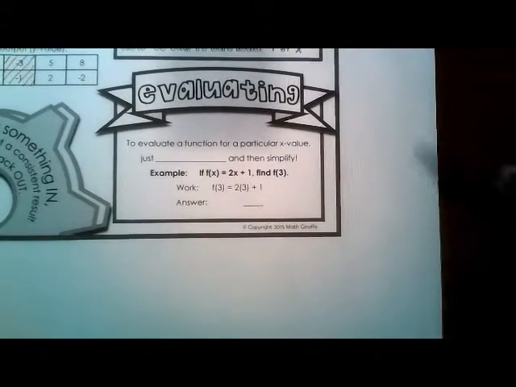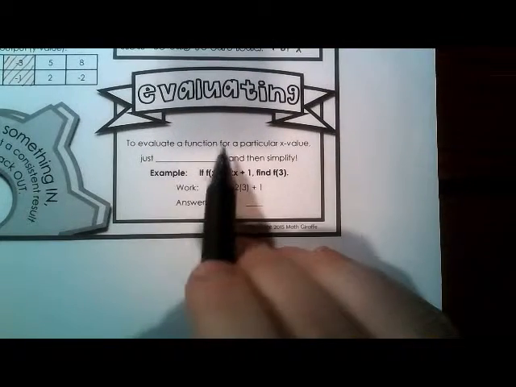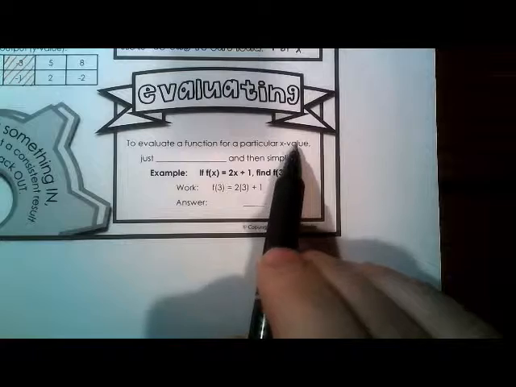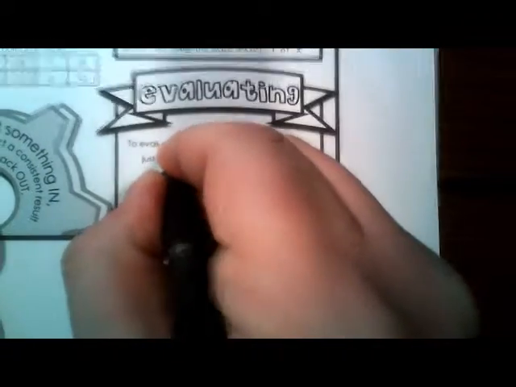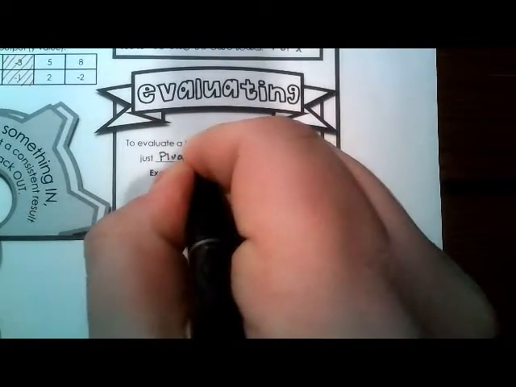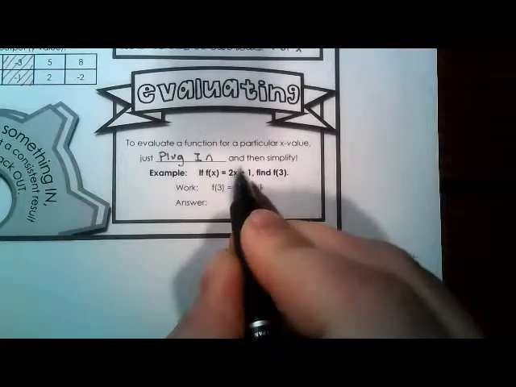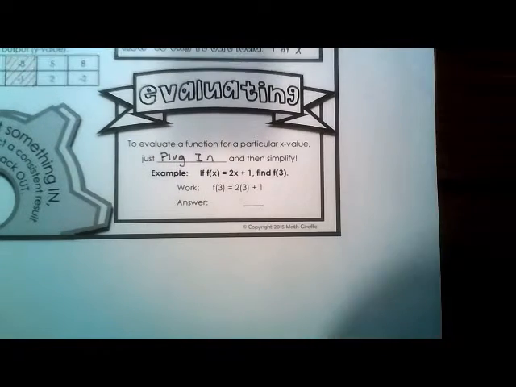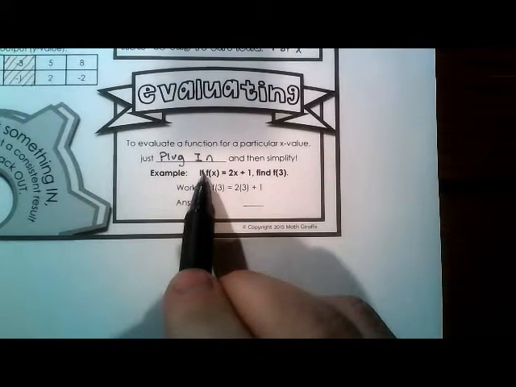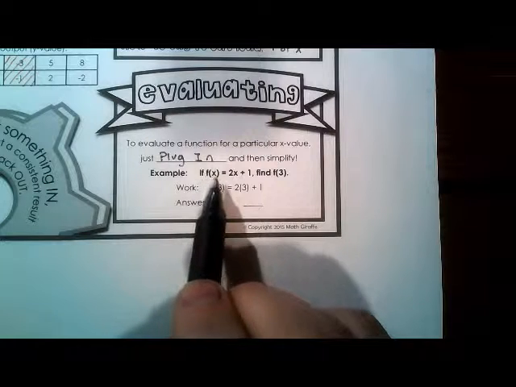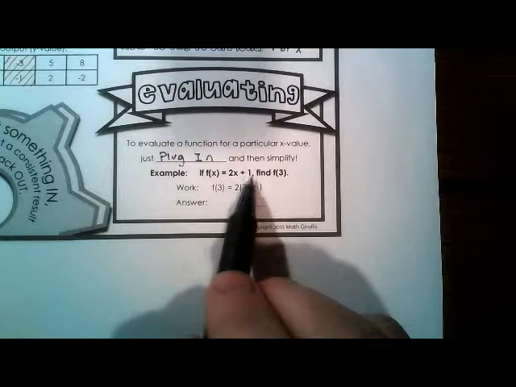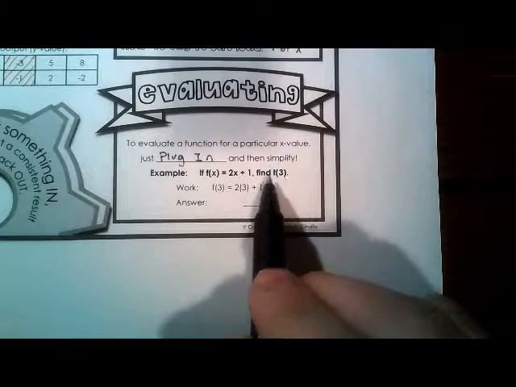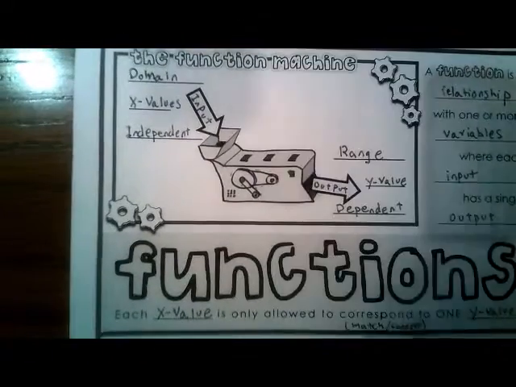An example of how we use function notation is right here. To evaluate a function for a particular x value, you just plug in and then simplify. Okay? So in this example, if my function f of x equals 2x plus 1, and you're asked to find f of 3, you can kind of think about this machine, right?